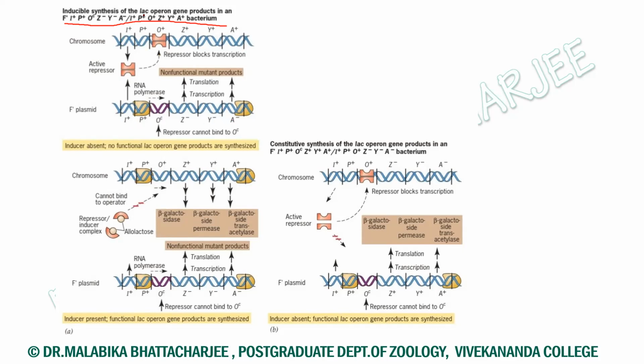Here we have the other one, we have I plus, O plus, P plus, O plus, Z plus, Y plus, A plus. So in your exam, problems like this will come. So they will be giving you a scenario like this. I plus P plus O plus Z plus Y plus A plus, right?